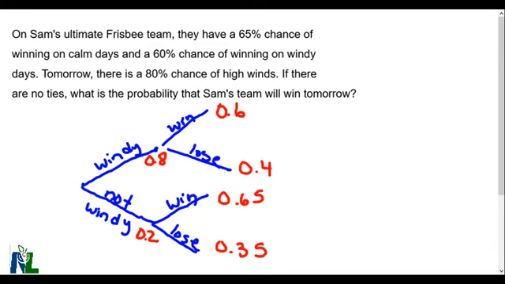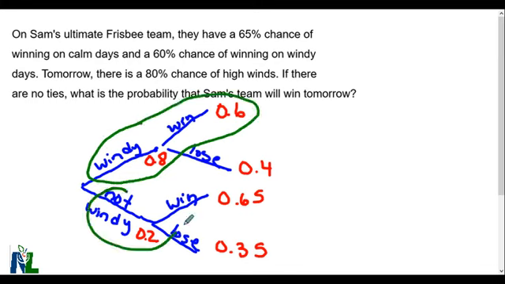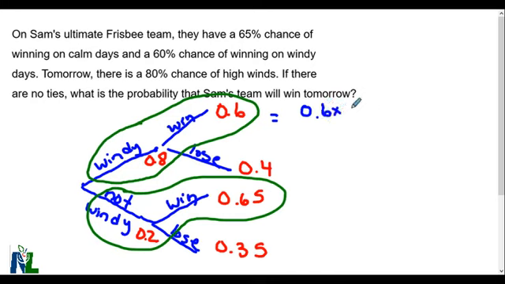So now here I'm interested in when they're going to win. So I'm going to circle this part and this part of the tree diagram here. So I need to multiply 0.6 by 0.8 to give me 0.48.